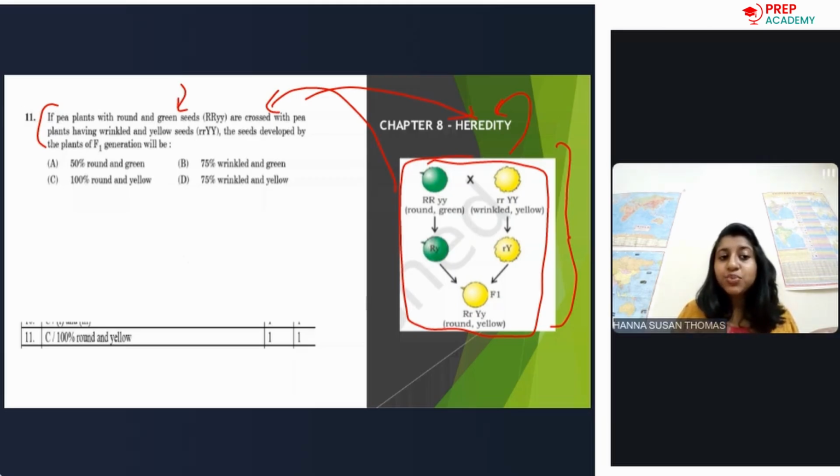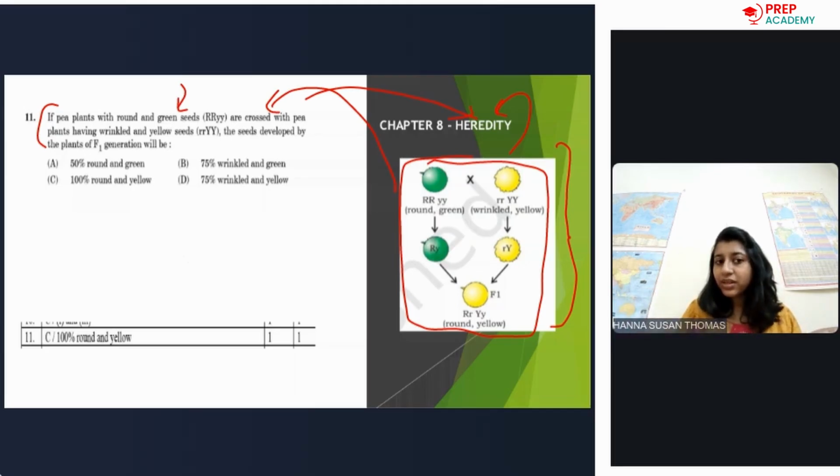If pea plants with round and green seeds are crossed with pea plants having wrinkled and yellow seeds, the seeds developed by the plants of F1 generation will be. Okay, so the first pea plant has round and green seeds.